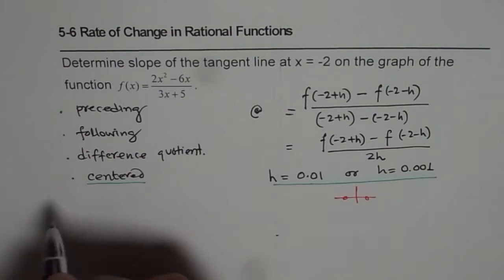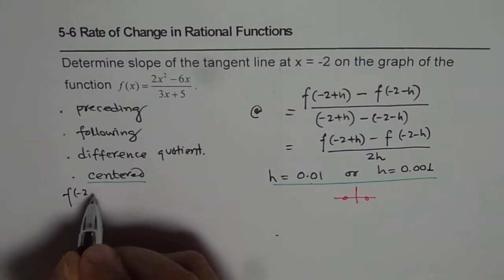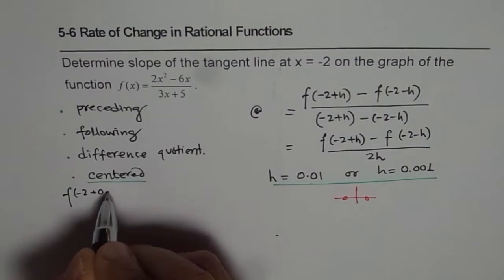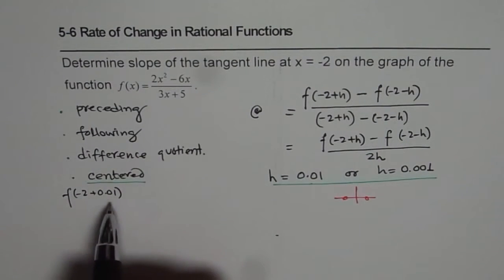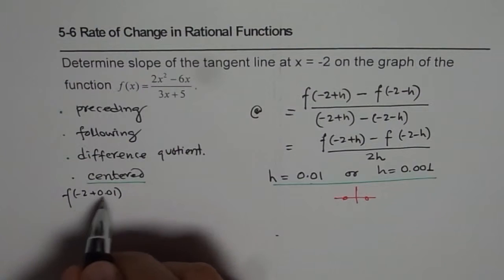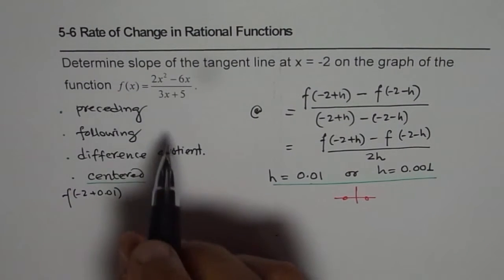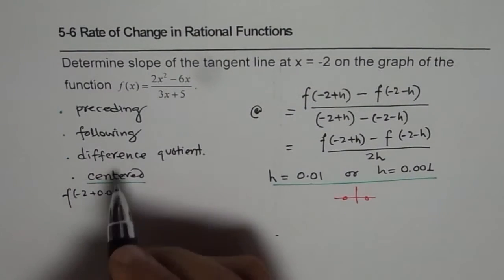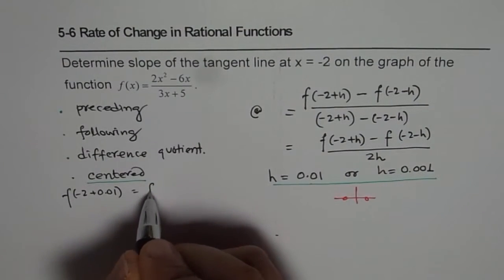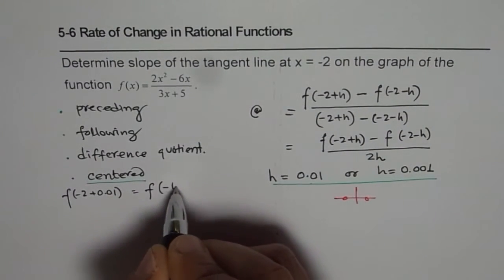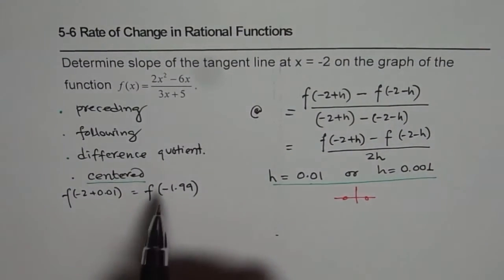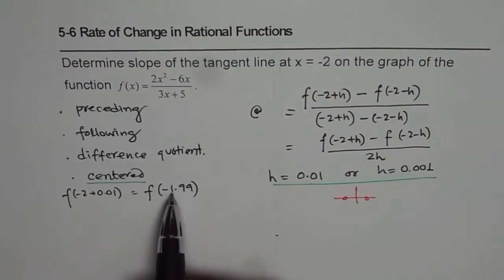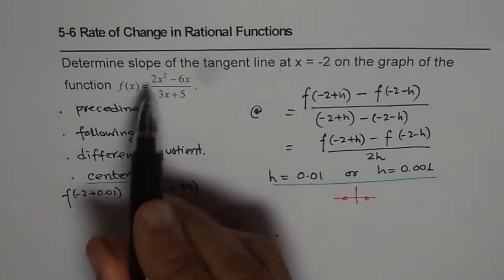So for example, f of minus 2 plus 0.01, if you take this value, that means f of minus 1.99, right? So replace x with minus 1.99 and find the value.